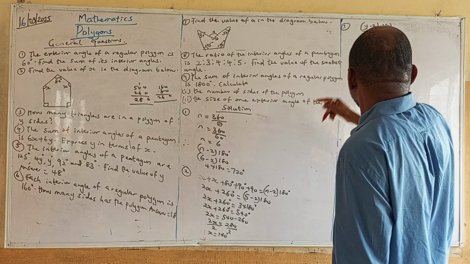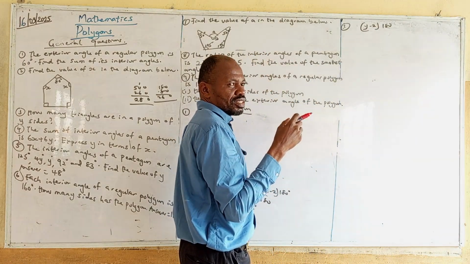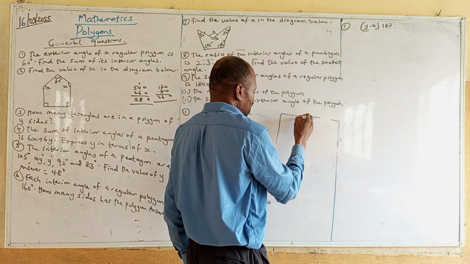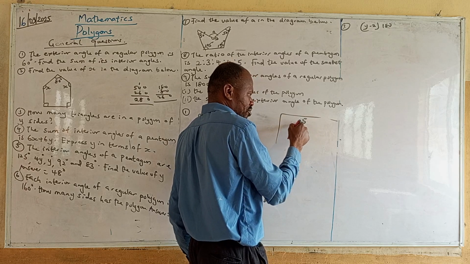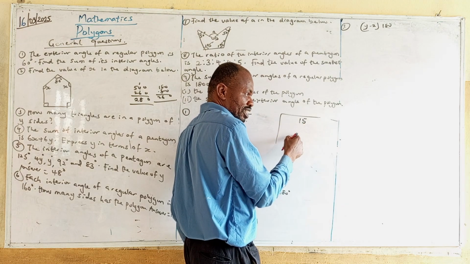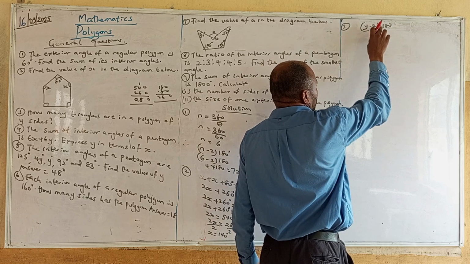So how many triangles do I have here? Of course, we know that the sum of angles in a triangle is 180. That means, for example, if I say how many fives do I have in 15? I have to say 15 divided by 5, and that will be 3. The same thing is applicable here. How many triangles do I have here?